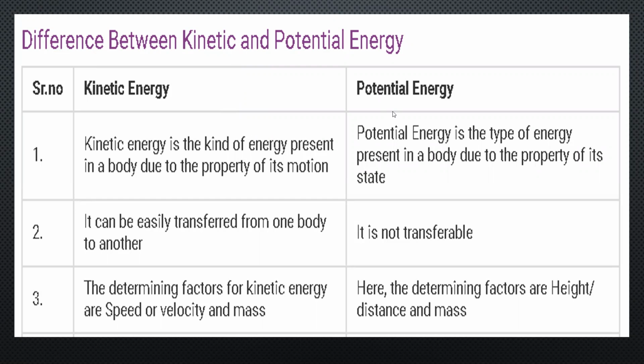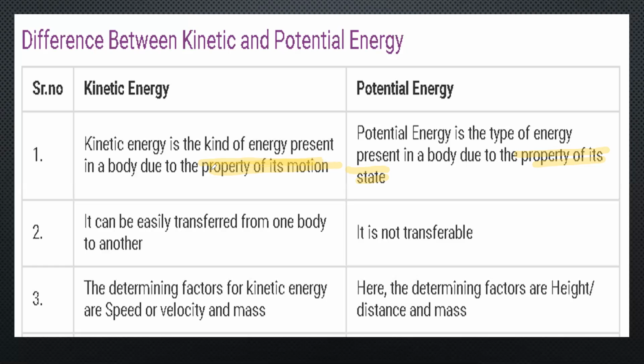But the potential energy is the type of energy present in a body due to the property of its state. The potential energy is energy at rest, and the kinetic energy is energy in motion.